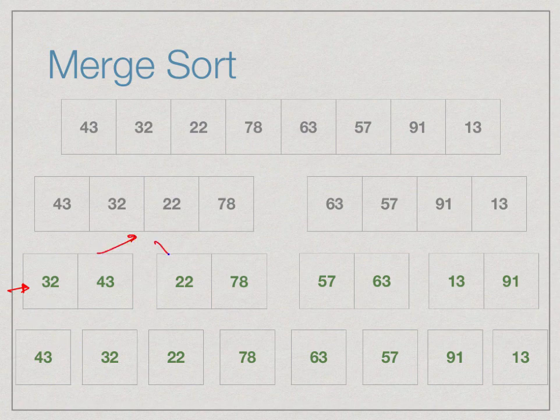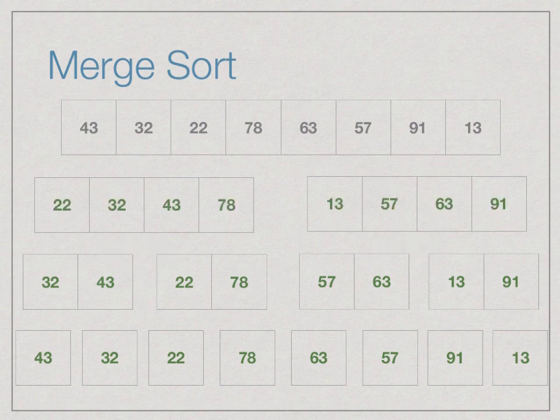Now we merge these sorted lists of length 2 to get two sorted lists of length 4. And finally, we merge the two sorted lists of length 4 to get a sorted list of length 8. So this is how merge sort works. We divide until we get singletons, and then we work backwards, merging until we get back a final sorted list.